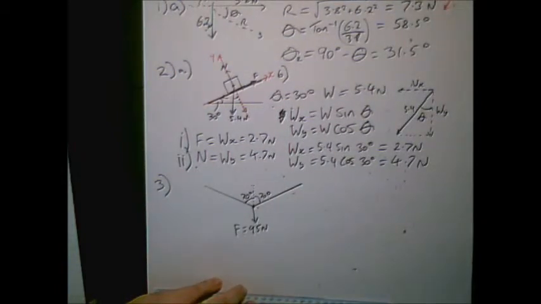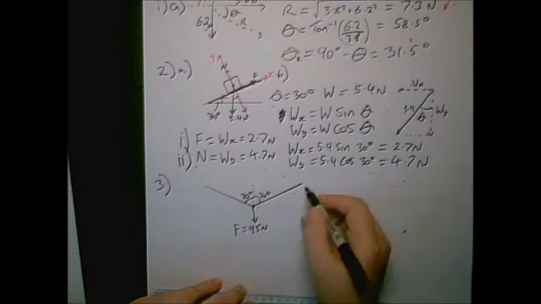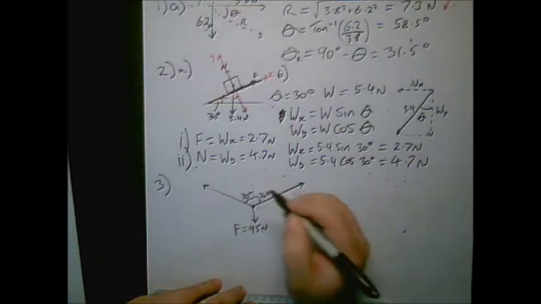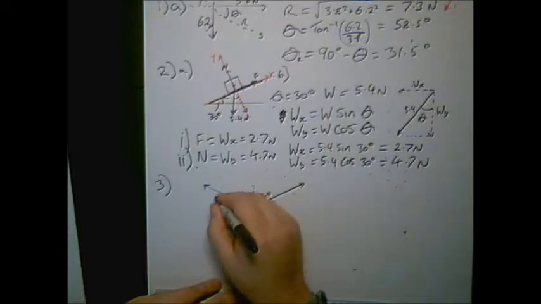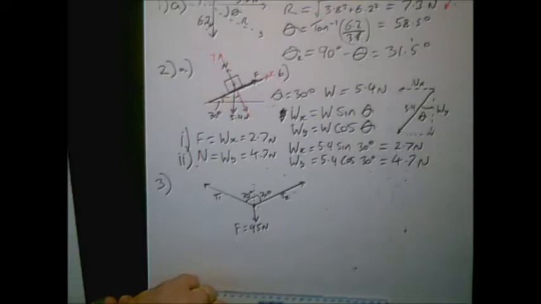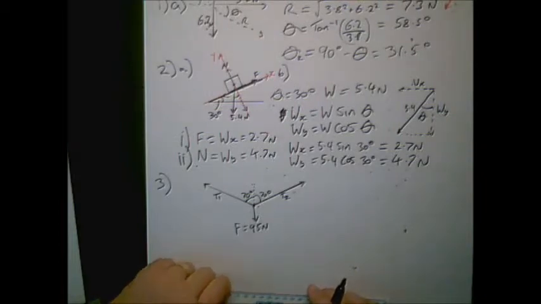That's clear on the camera. And these will be forces of tension here and here. We can call this T1, call this T2. And we need to calculate the value of the tension in the bow.